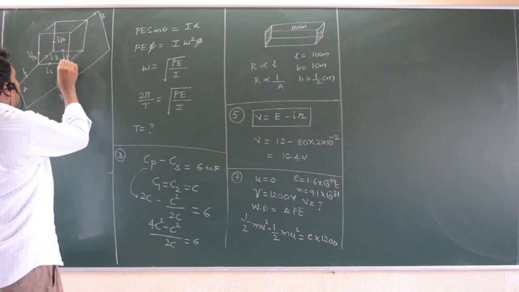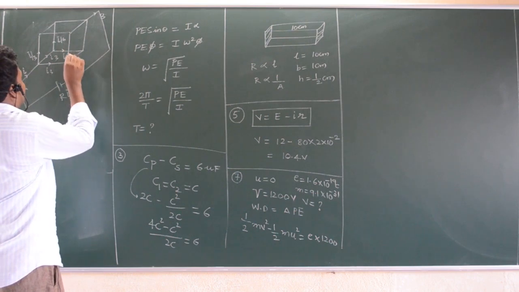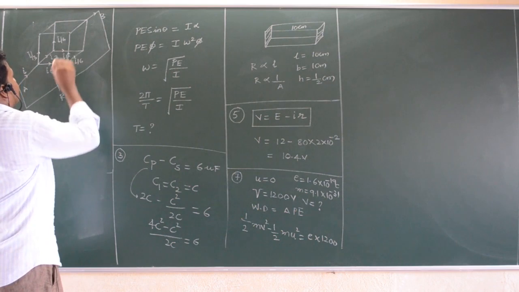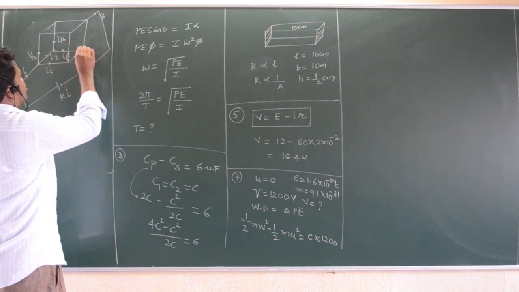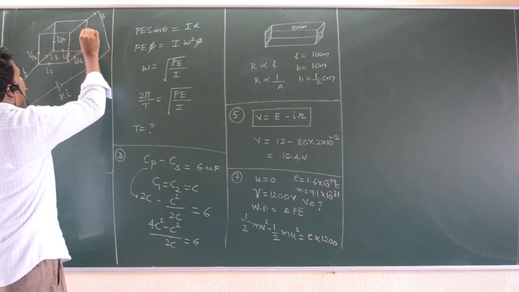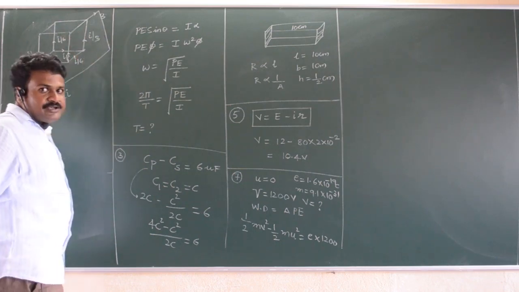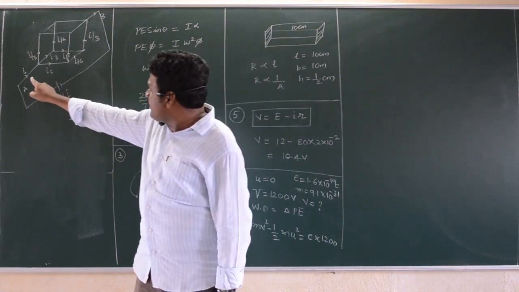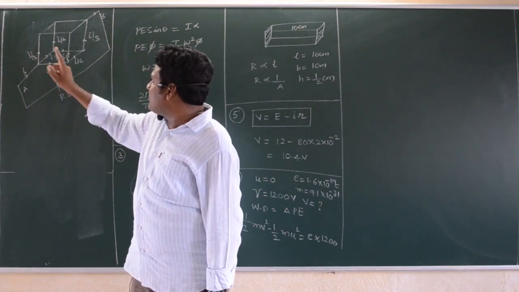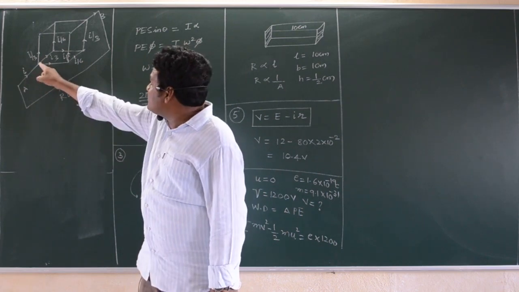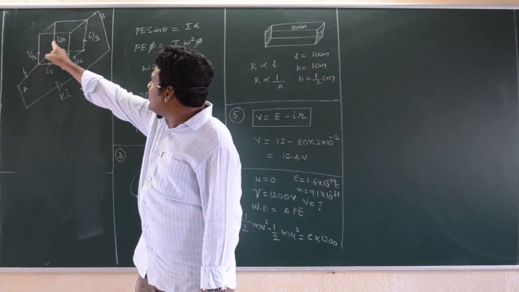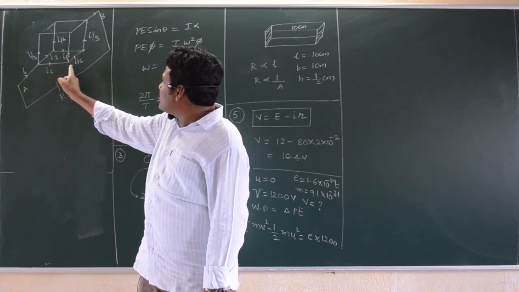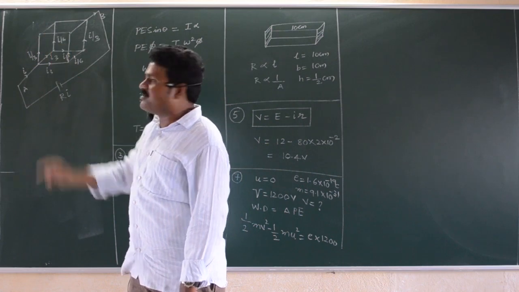Now this I by 3 again reaches here and divides into I by 6 and I by 6. Then this I by 6 and this I by 6 reach this point and go as I by 3. This is the current distribution because all resistances are equal. Again, current I enters as I by 3, I by 3 and I by 3. Each branch reaches here and divides into I by 6 and I by 6.